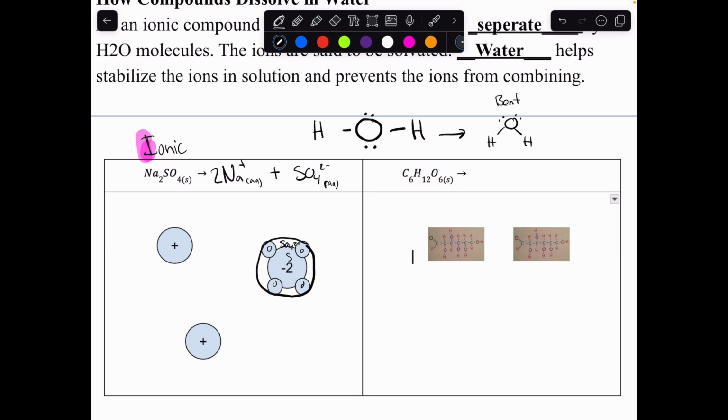Then we learned that water is very polar and has high intermolecular forces, due to the fact that the oxygen is pulling the electrons up, resulting in a positive side down here and a negative side up top.